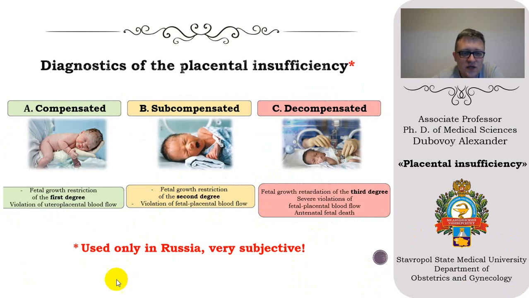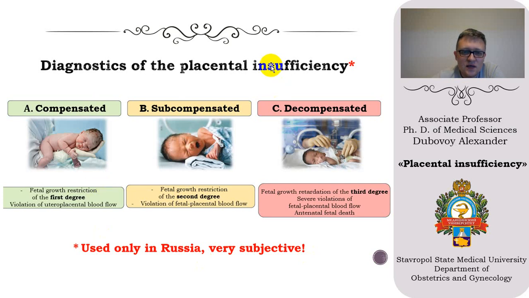I draw your attention to the fact that this classification is used only in Russia and is very subjective. However, it is accepted that chronic placenta insufficiency, compensated, subcompensated, or decompensated, is included in the obstetrical diagnosis in Russia.